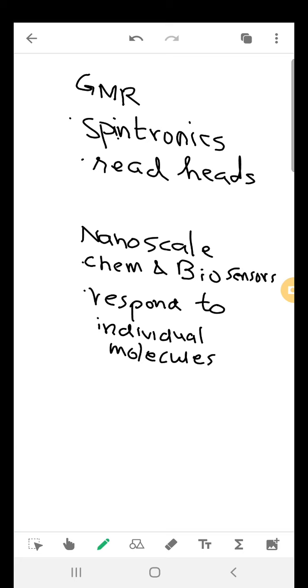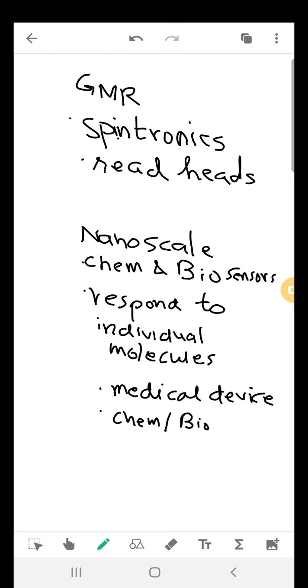This sensitivity will be of paramount importance in designing medical interventions at the molecular level, and also in responding to biological or chemical hazards. So there are medical devices, and in case of chemical or biological hazards, these devices will come in handy.